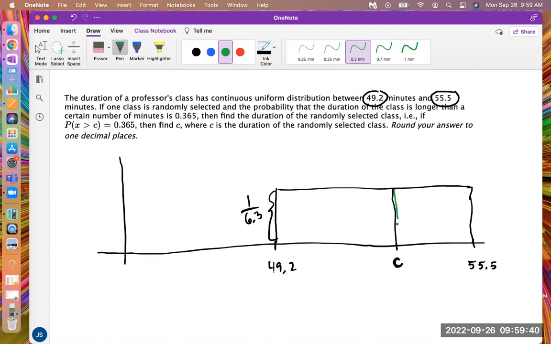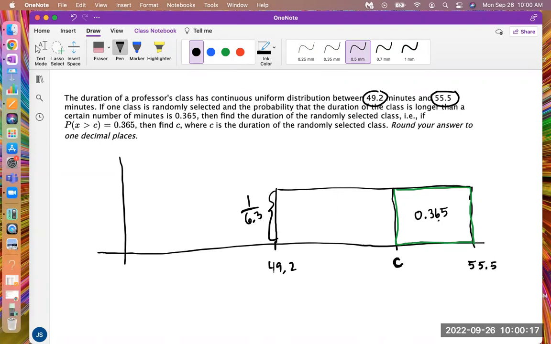So above C, because the values greater than C are to the right of C. So this green area would be, and I know it is, 0.365. The area, the probability of a random lecture being between C and 55.5, is 0.365. So we have a choice here.